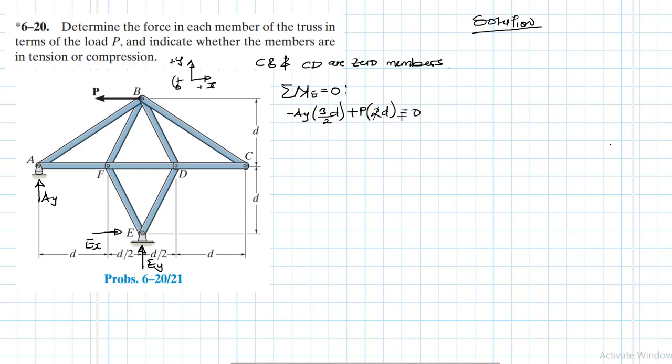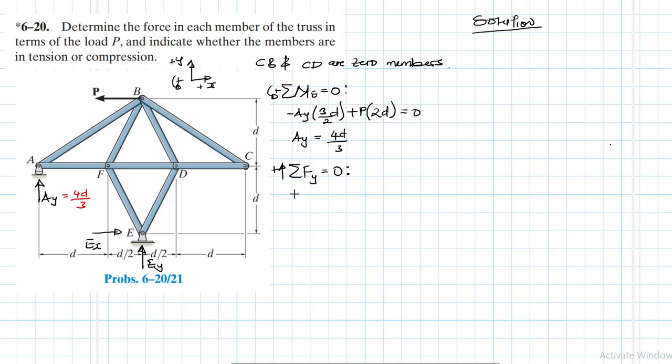So making AY the subject of the formula, we'll find that this gives us 4P divided by 3, and it's in the same direction. Then we have the summation of forces in the y direction, going up in our reference.